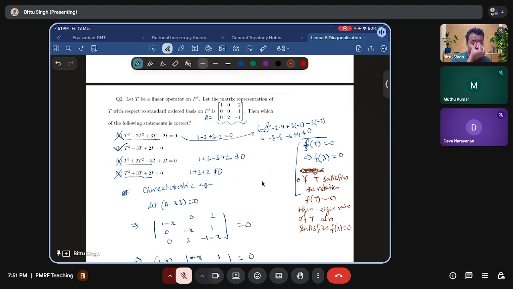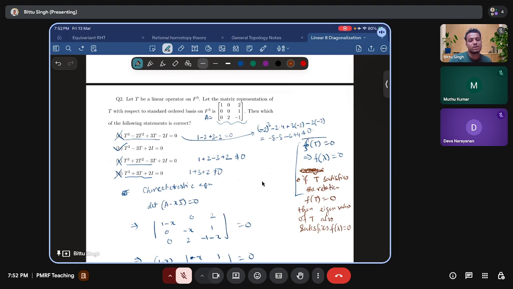And this is actually interesting because if an eigenvalue satisfies some equation, the matrix may not satisfy that equation. At least we need the characteristic polynomial. But the converse part is relaxed. That is, if a matrix satisfies some equation, then all the eigenvalues will satisfy the same equation.